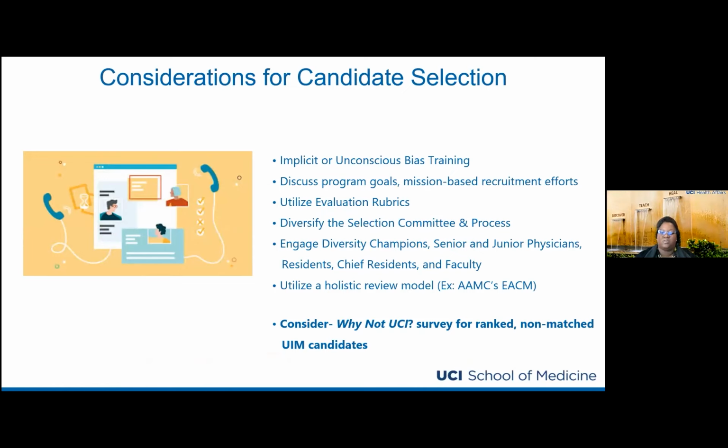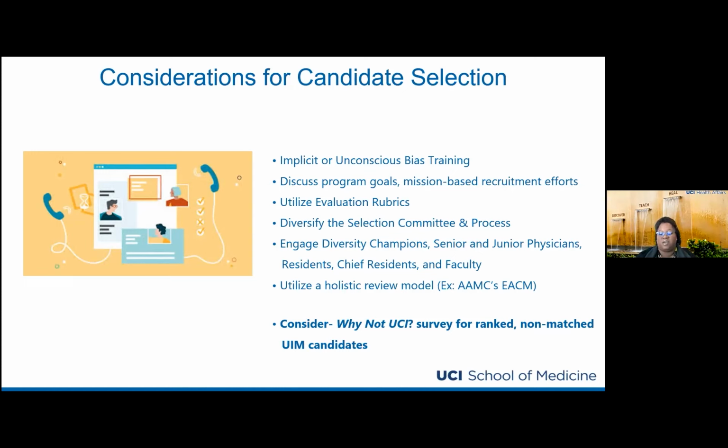And then one additional thing that's been very helpful for us at the UME level when it comes to that needs assessment that we talked about at the very beginning of this part of the presentation, as well as the opportunity to set program goals aligned with the institution's mission, is to reach out to individuals who perhaps were ranked but didn't match, in particular your underrepresented in medicine candidates, and understand why they didn't choose your particular program.